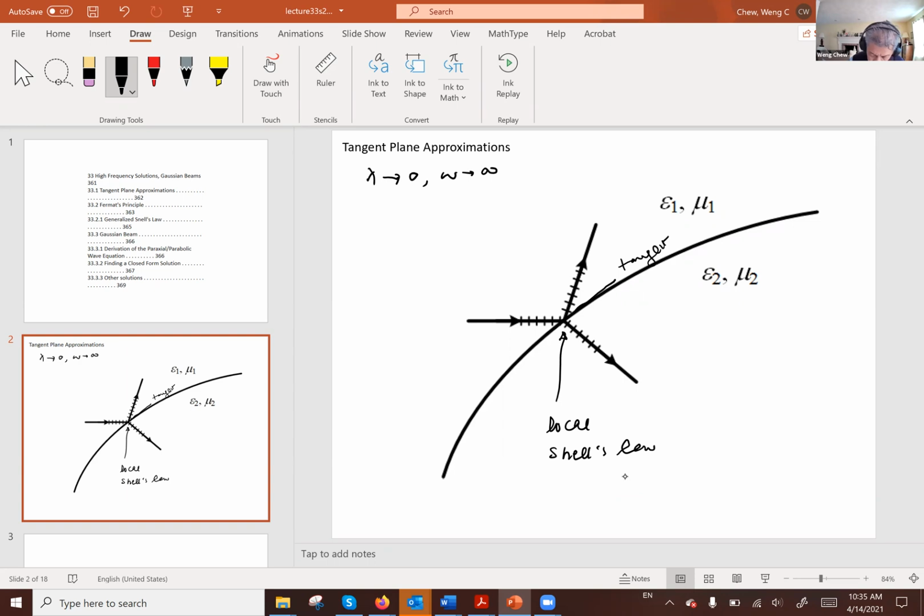This kind of thing is actually done a lot in the movie industry. For instance, if you have very complicated objects in a room, instead of solving this problem approximately or exactly using computers, you can make a tangent plane approximation and do ray tracing. Okay, this is called ray tracing.